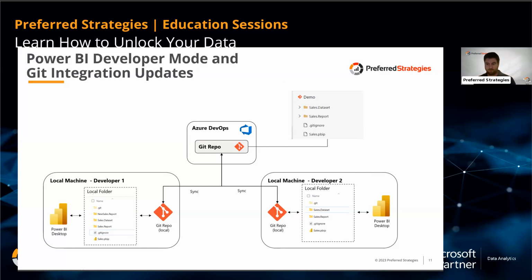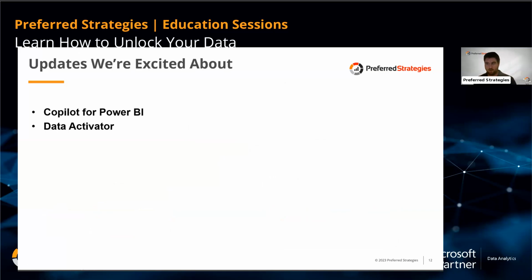So I'm going to come back to PowerPoint to wrap up. And usually we like to end by talking about some updates we're excited about. So the first one is really, again, around the Copilot for Power BI.